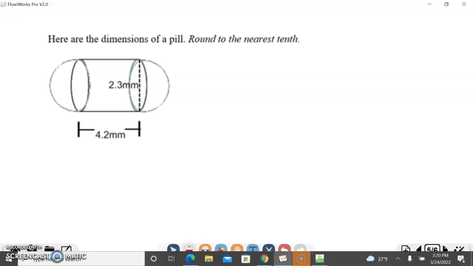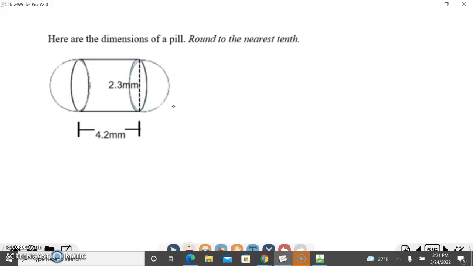So now this says here are the dimensions of a pill. If you think about what is the shape of a pill, you've got a sphere that's cut in half and put on either end of a cylinder in the middle. So really we're looking at the volume of a sphere plus the volume of the cylinder in there. Now it's given us the diameter right here.